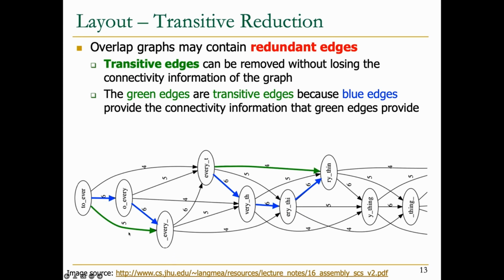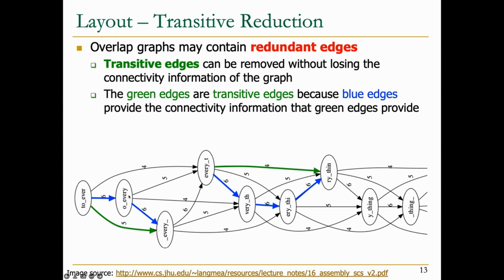So why is the blue one not the transitive edge, but the green one? Because the step that we're going to take is basically to remove the green one, since we know that the connectivity information will not be lost. But if we removed these blue edges rather than the green one, then we would essentially lose the connectivity from here to here.